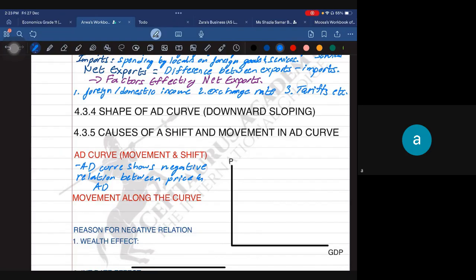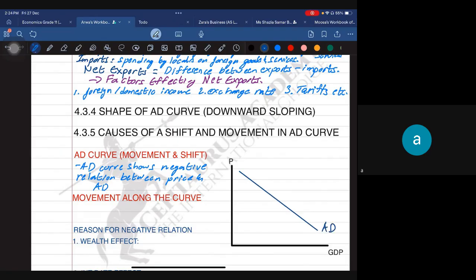If we have to show this, why am I making a curved line?